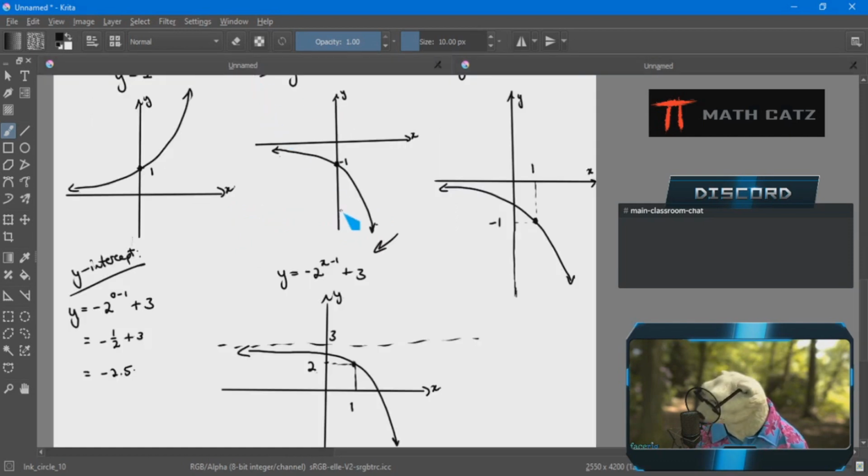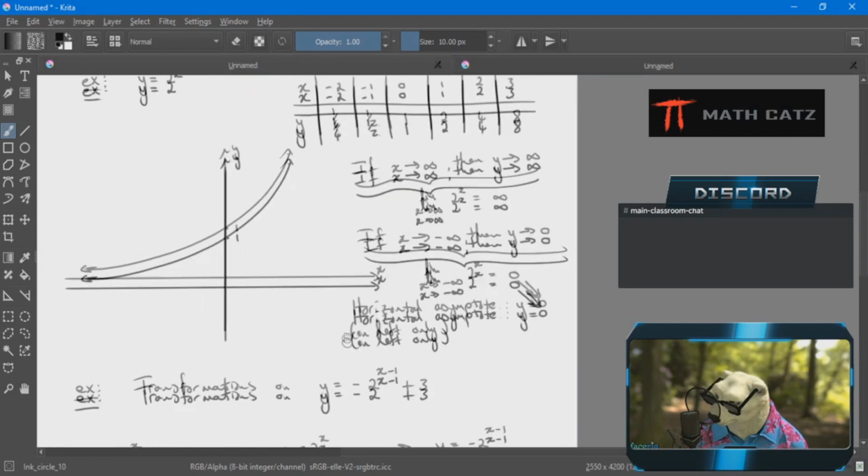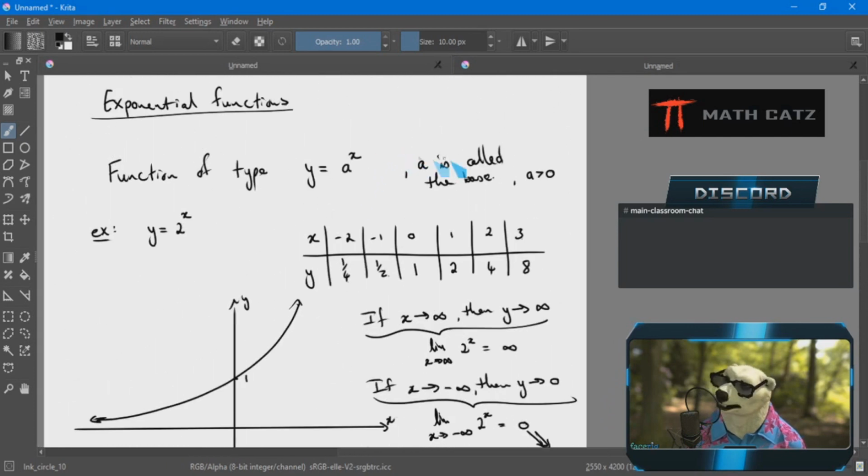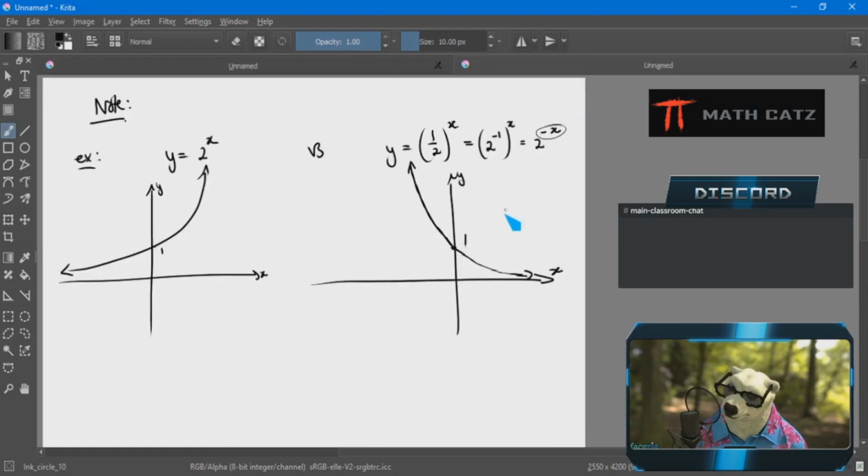And of course, something I forgot to mention, a technicality, but a is never going to be 1. Otherwise, the answer is always 1, and I don't really have a graph of the same shape. But as long as it's positive, fraction or not, or bigger, doesn't matter.